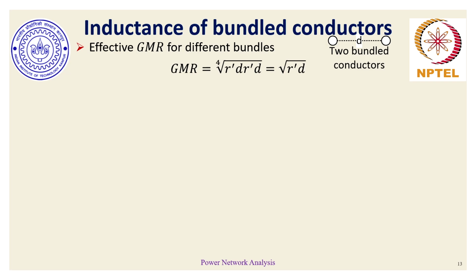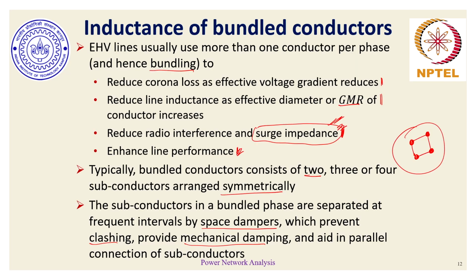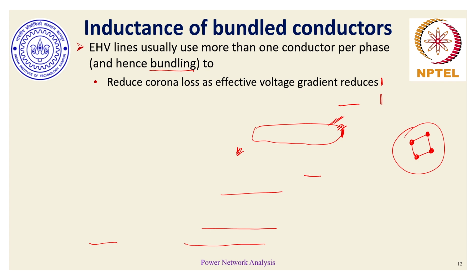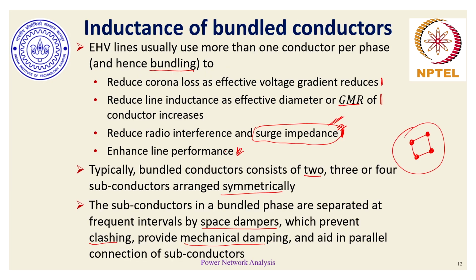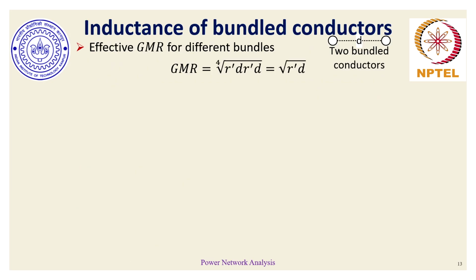So for inductance of bundled conductors, what we have understood so far is that in order to find inductance, we essentially have to understand the GMD and the GMR. Now for individual conductors, the manufacturers provide the GMRs.